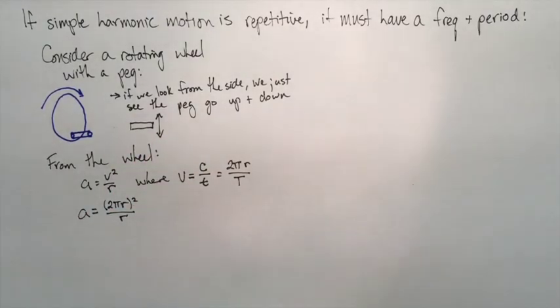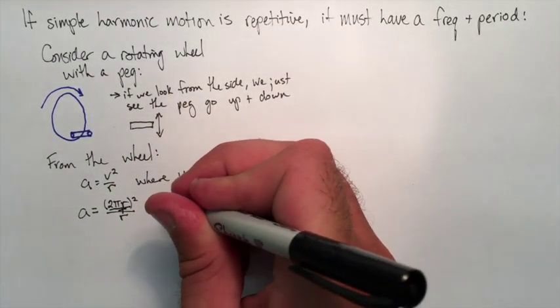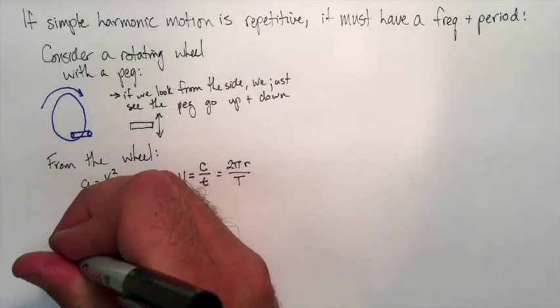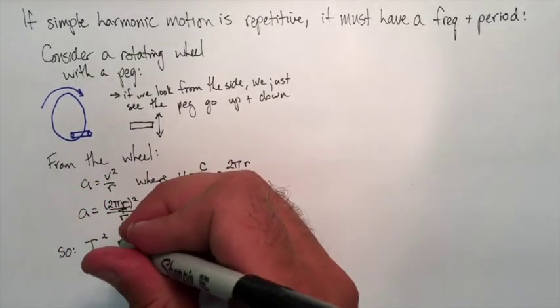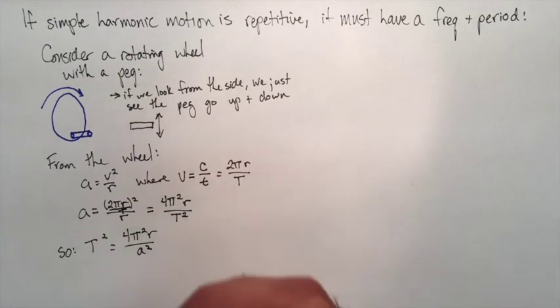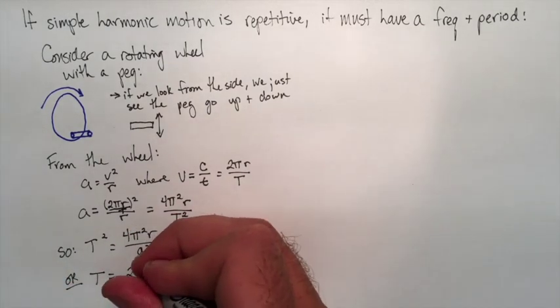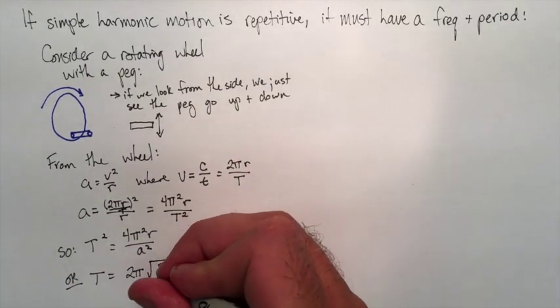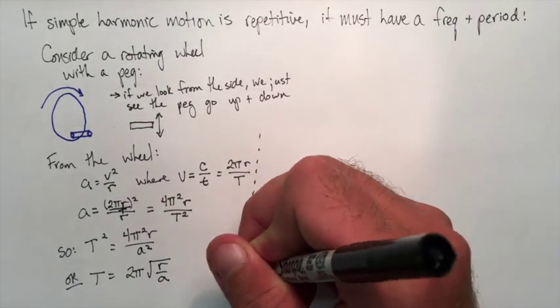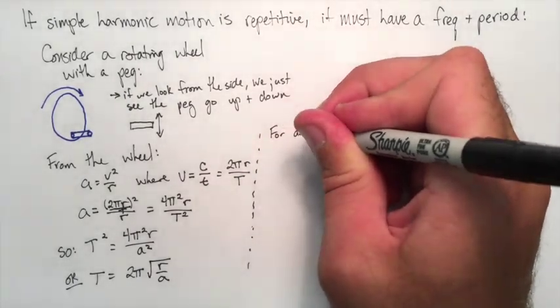So let's put our value here for v into that original acceleration equation. Expand that exponent, and let's rearrange for our period. So we get T squared equals 4 pi squared r over a. Let's get rid of that square on the T, and now we have T equals 2 pi times the root of the radius divided by acceleration.